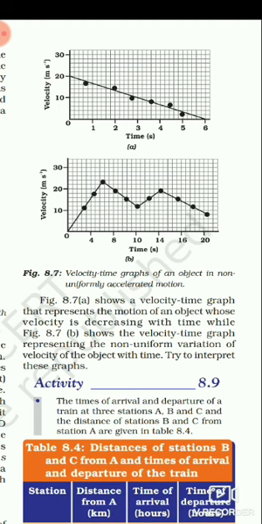So figure 8.7a can be the velocity-time graph for an object which is thrown upward. When the object is thrown upward with a velocity, suppose 20 meters per second, and when it reaches the maximum or highest point, the velocity becomes 0. That means you can say here the time interval 6.